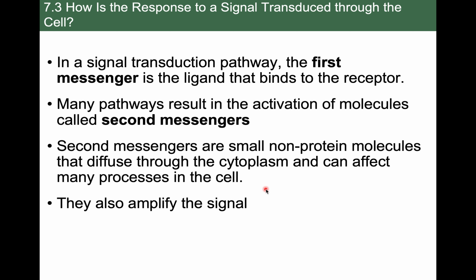The advantage to these second messengers is that because they're small, they can diffuse into all the corners of the cell and make sure that signal is getting everywhere it needs to go. In that process, they're also helping to amplify the signal. So in the second half, I will show you some examples of second messengers and how they fit into this whole process of these signaling pathways.